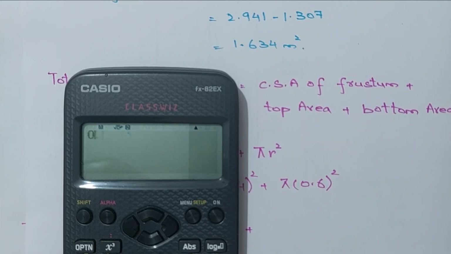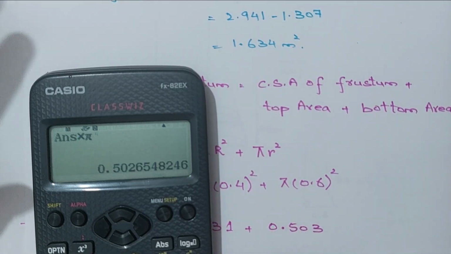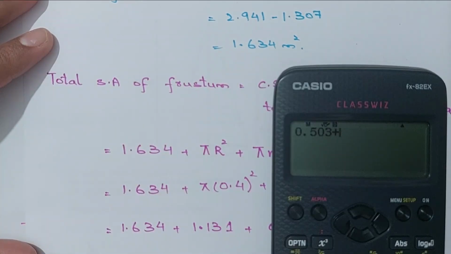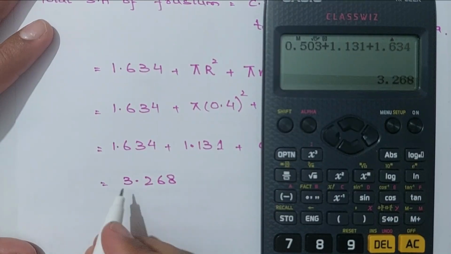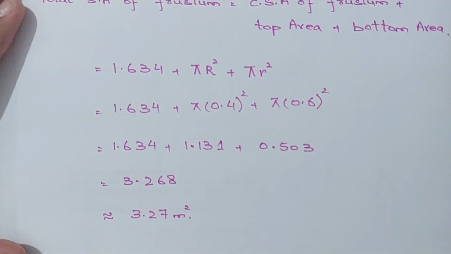Now 0.4 squared times pi is 0.503 up to 3 decimal places. So 0.503 plus 1.131 plus 1.634 becomes 3.268. If I round it, this is 3.27 meters squared. So that is the total surface area of the frustum.